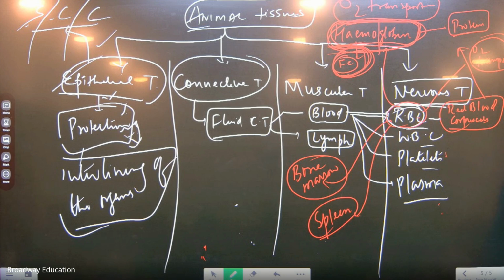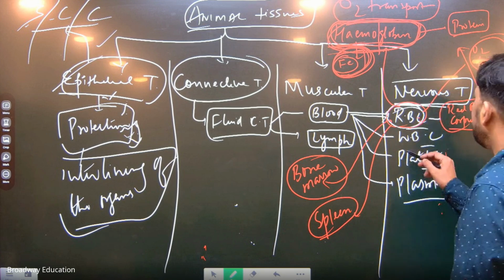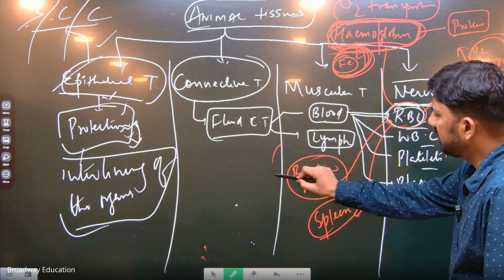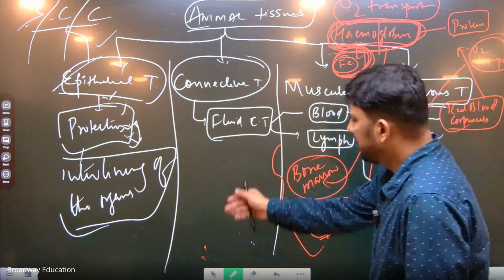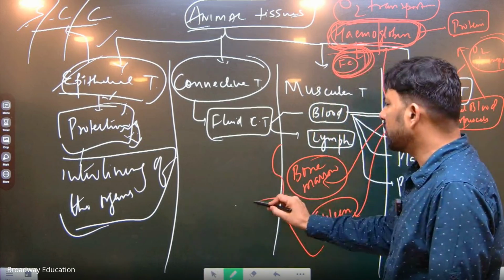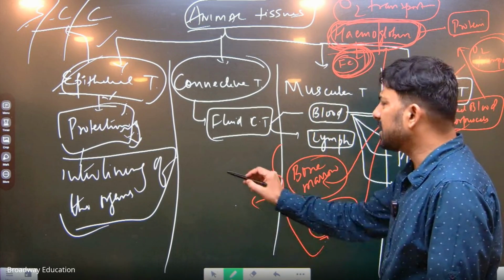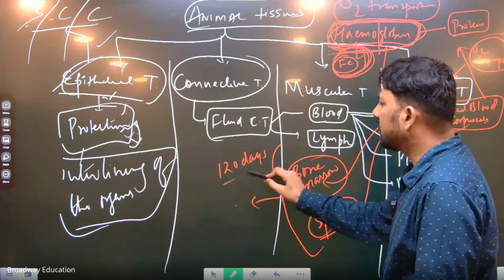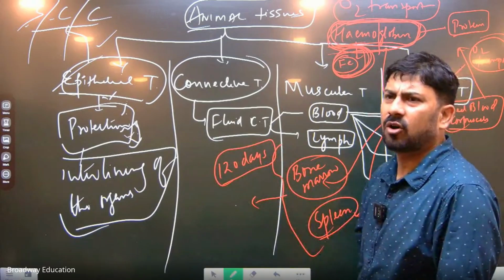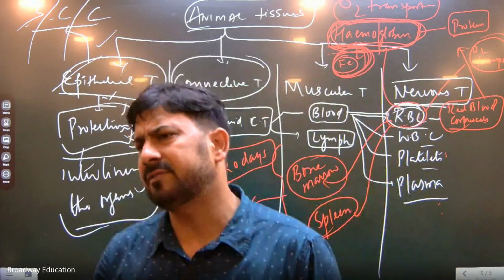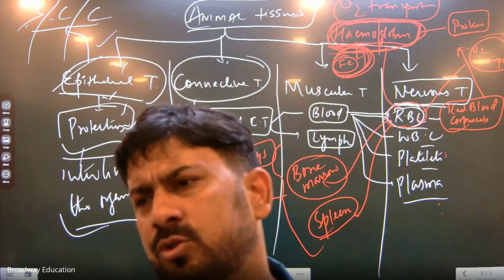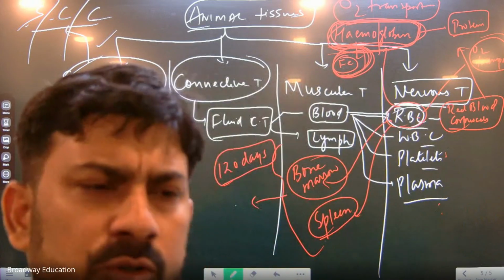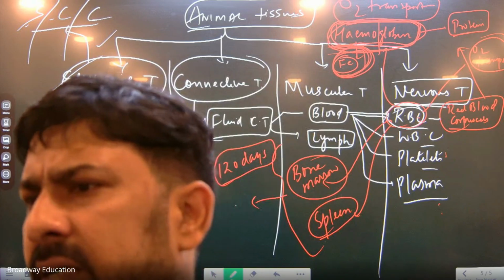Is this part clear? Now, if I talk about WBC, okay, one more thing. Sometimes they ask, the lifespan of RBC is approximately 120 days. That is why in the blood banks and all, after every 4 months, they used to dispose of the old bloods.